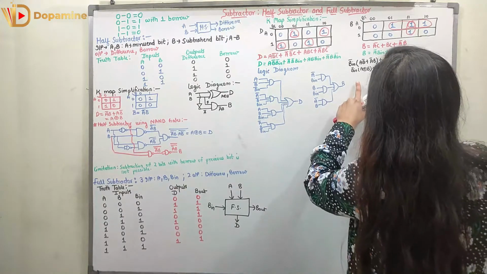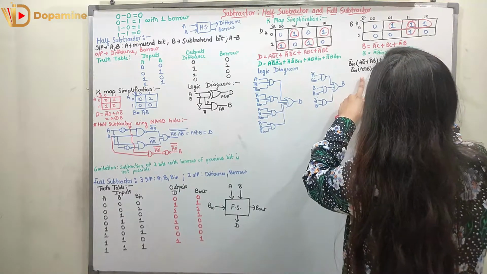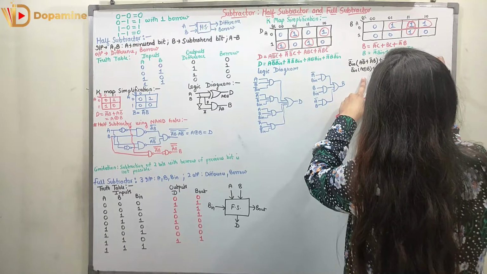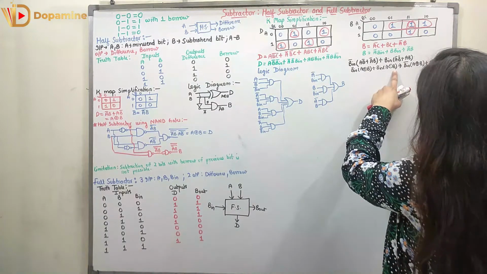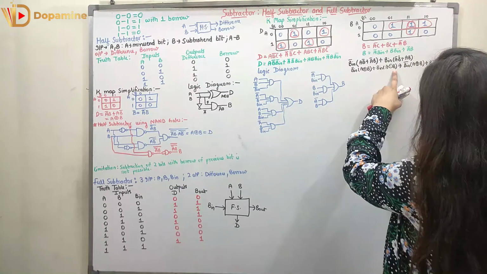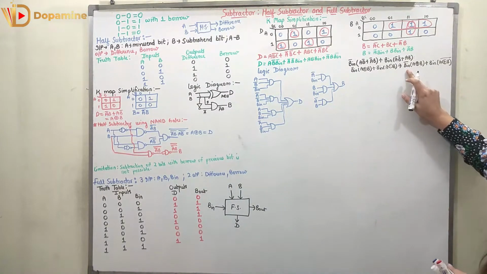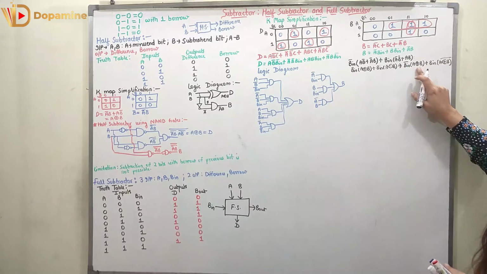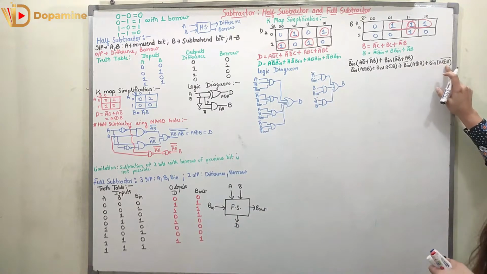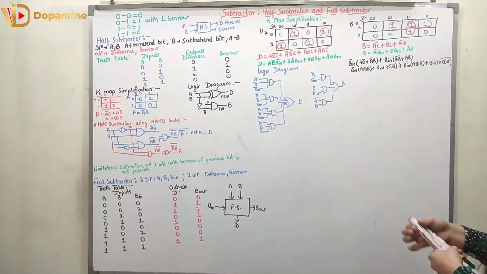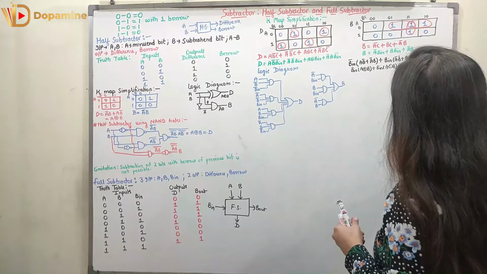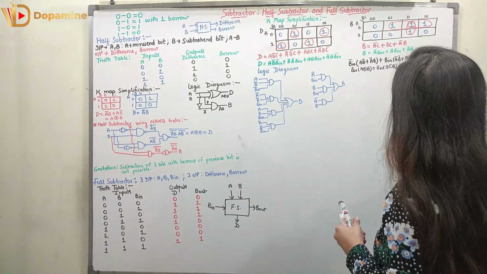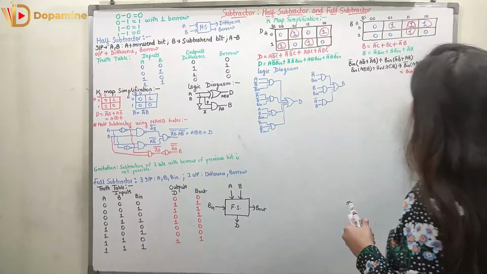So now here we will be having B in bar A XOR B plus B in A XNOR B, which is the A XOR B complement. So here we have B in bar into A XOR B, here we have B in and A XOR B bar. So I can represent it as the XOR of B in XOR A XOR B. Right?